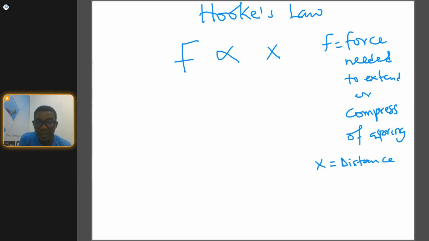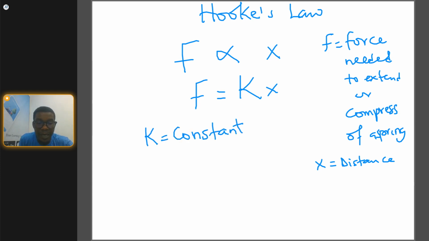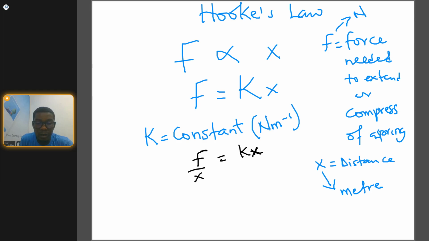So mathematically, it is F equals kx, where k is a constant. And k is measured in Newton per meter, because your force is measured in Newton and your distance is measured in meter. If I make k the subject of the formula, I divide both sides by x, that is F over x equals kx over x.